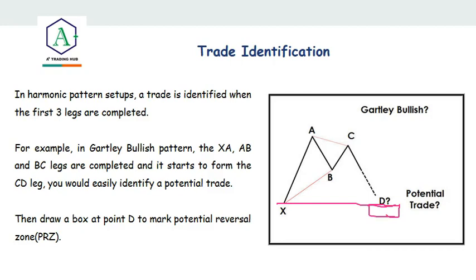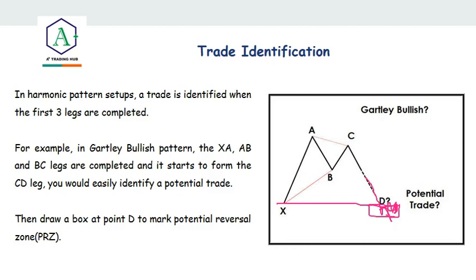This zone now, this is where you take your entries. This is where you enter the next impulsive leg. So you have to wait for price to come into that zone, and you need to see bullish impulse or price rejection from this zone. So when you see the bullish impulse or price rejection from this zone, that is when you buy.